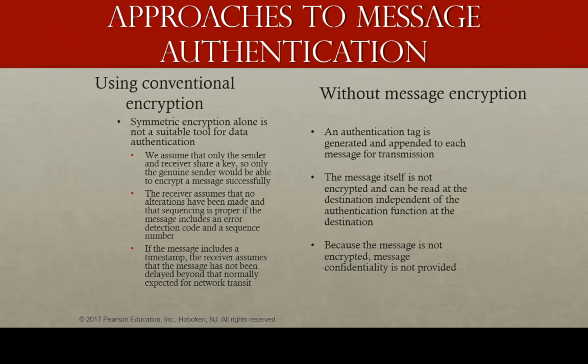Furthermore, if the message includes an error detection code and a sequence number, the receiver is assured that no alterations have been made and that sequencing is proper. If the message also includes a timestamp, the receiver is assured that the message has not been delayed beyond that normally expected for network transit.